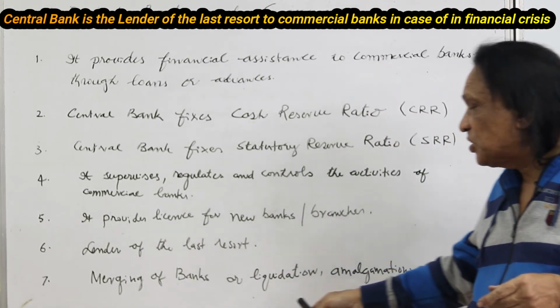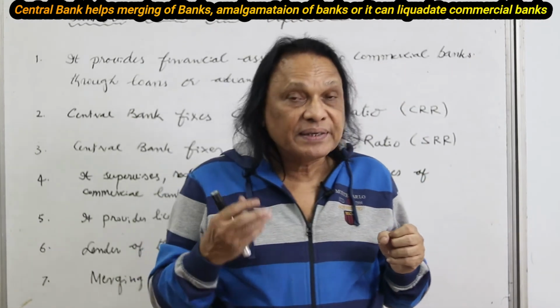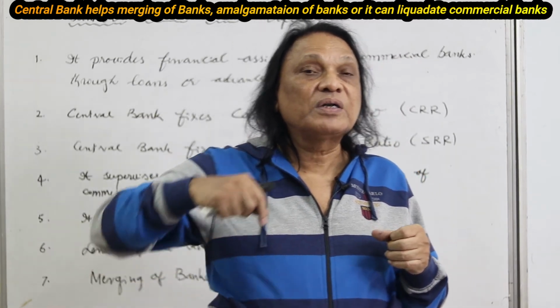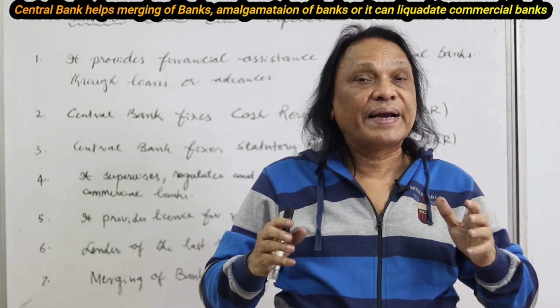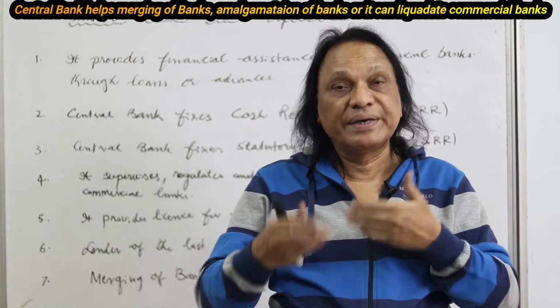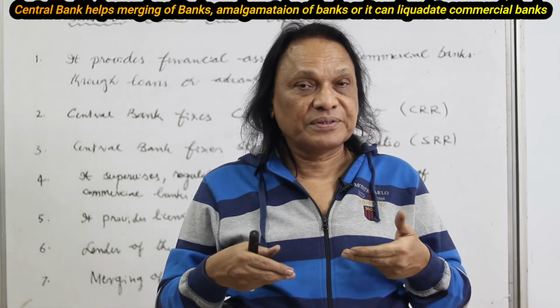And the last one, merging. What it means: in case a bank is not able to do well and not able to perform according to the guidelines of the central bank, the central bank can close it down or amalgamate it, or the central bank can merge it with other banks.